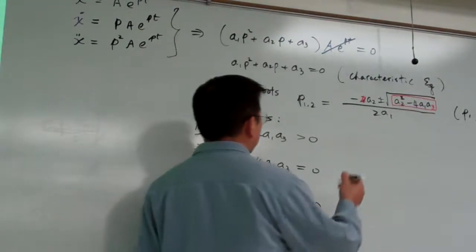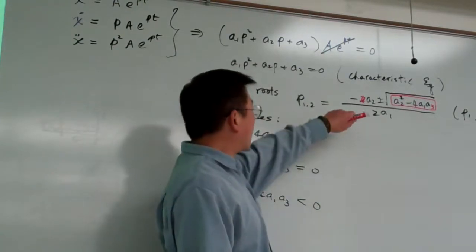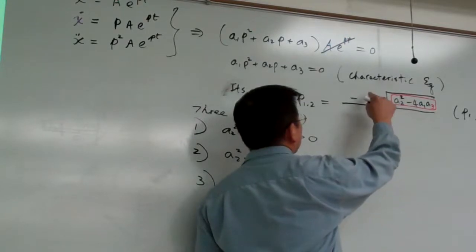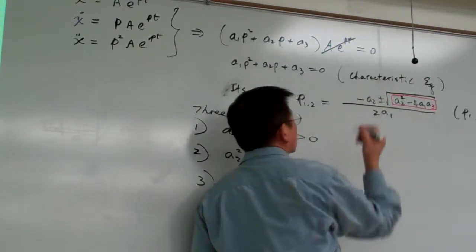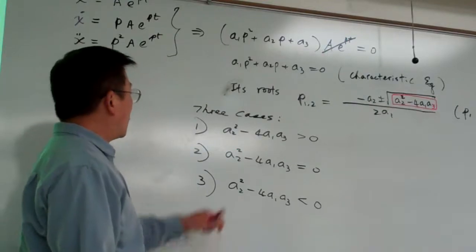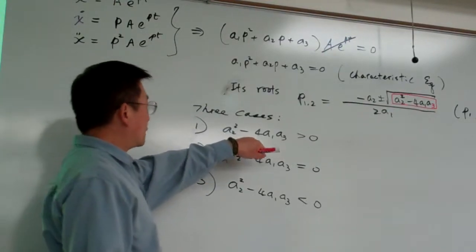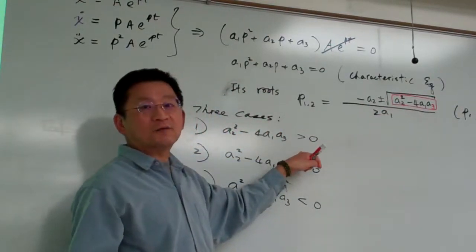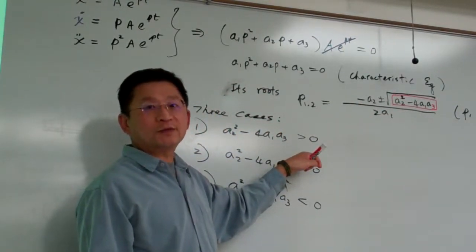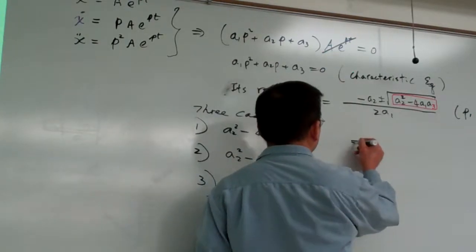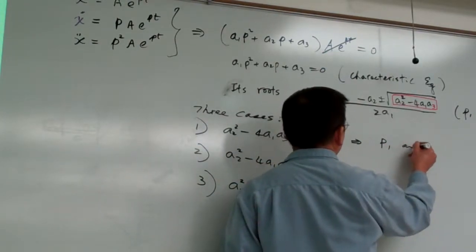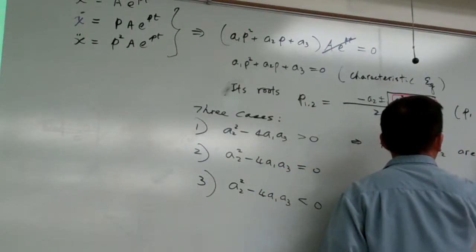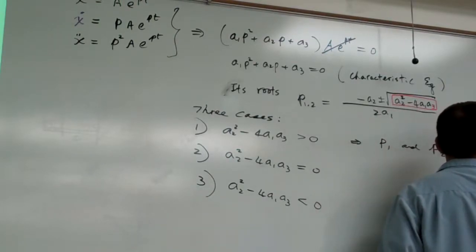basically for this case, here again I have a typo, so basically the right way, let me just write it cleanly, that should be this, okay? So you see for the first case, if this number is greater than 0, the square root of a positive number will give us real numbers here. That means P1 and P2 are both real numbers.